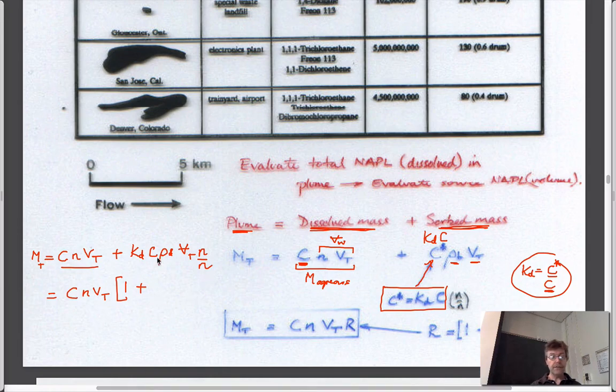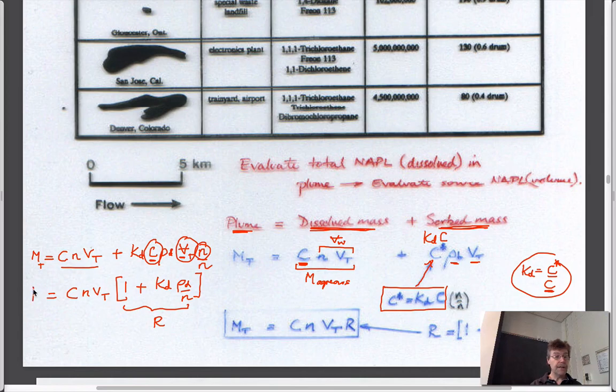And if we do that, and we take this term, and this term out, we're left with KD times the bulk density of the aquifer divided by porosity. I actually was able to do it. Fantastic. And so you'll recognize this immediately. This is just equal to retardation coefficient. Kind of interesting, it works out that way.